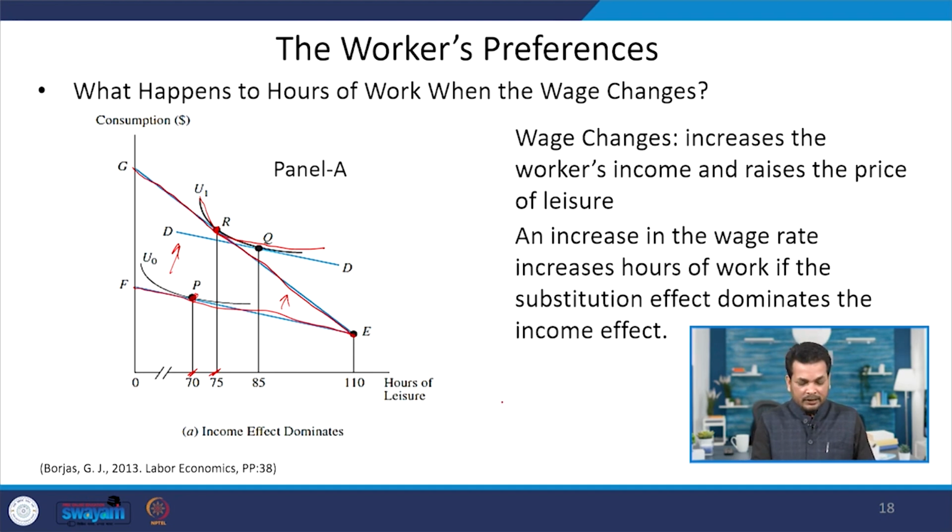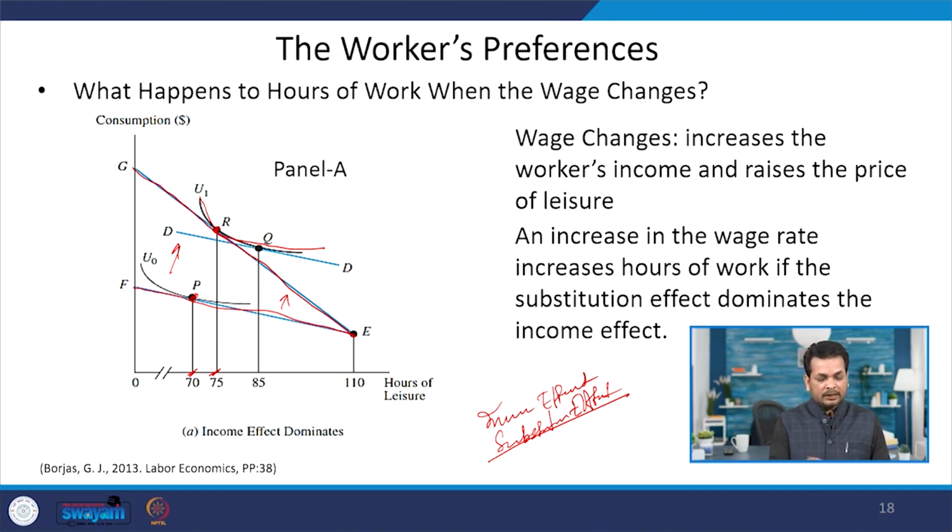One is the income effect, another one is the substitution effect. Let us try to find out how much is due to the substitution effect and how much is due to the income effect. When the wage has increased from 10 to 20, let us isolate this income effect.